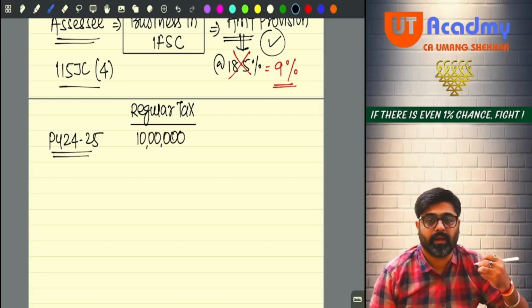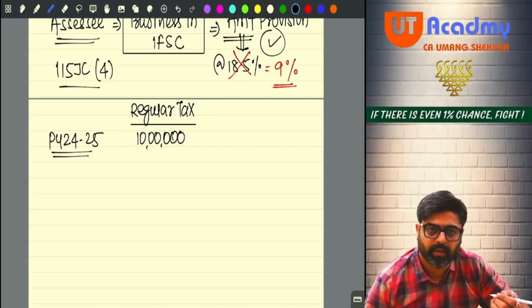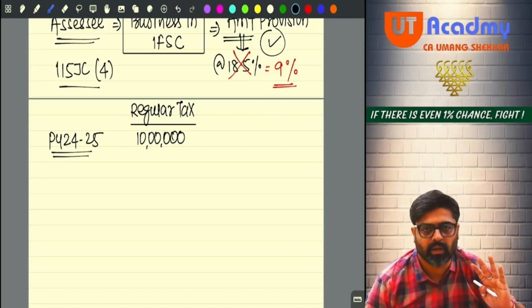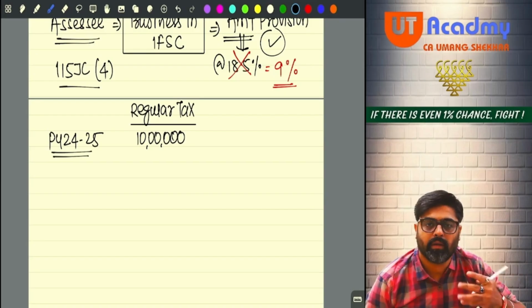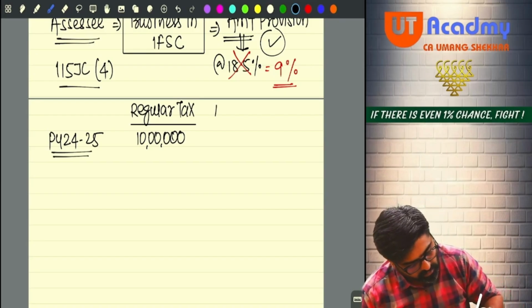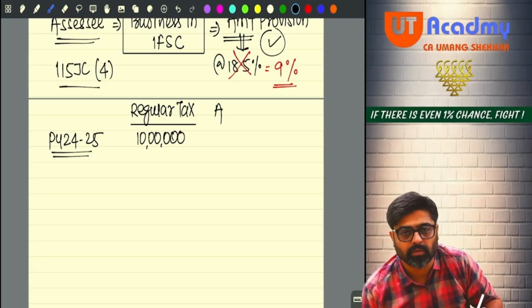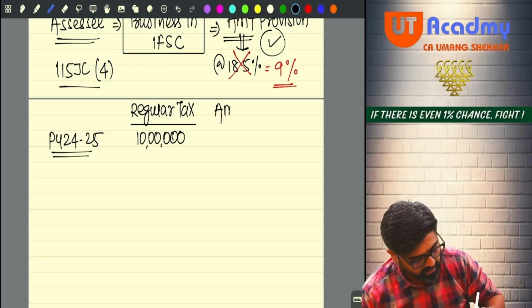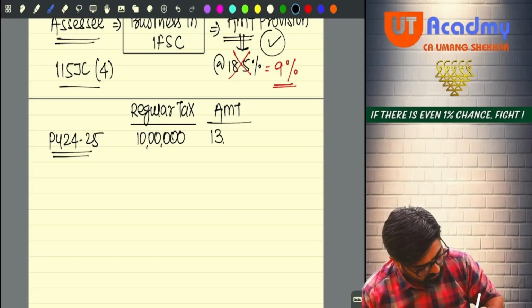So I calculated my total income in the regular way by taking all these deductions and all, and my regular tax came to 10 lakh rupees. In this year, I calculated my adjusted total income also, and on that I applied 18.5%. So my AMT liability, alternate minimum tax, which I was supposed to pay for this year, was 13 lakh rupees.